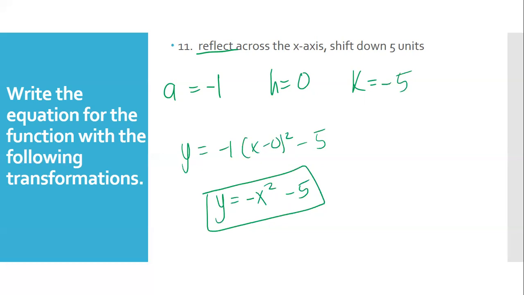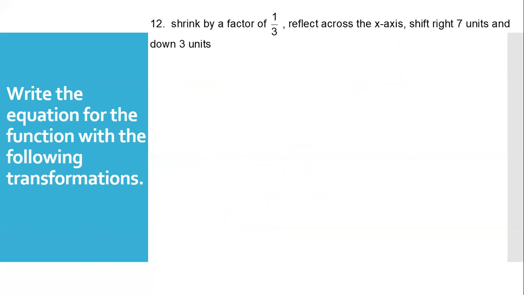All right. Here, we have a shrink by a factor of 1/3. We reflect across the x-axis. We shift right 7 units and down 3 units. So our A is 1/3, but is it just positive 1/3? It's negative 1/3 because of that reflect piece, right?